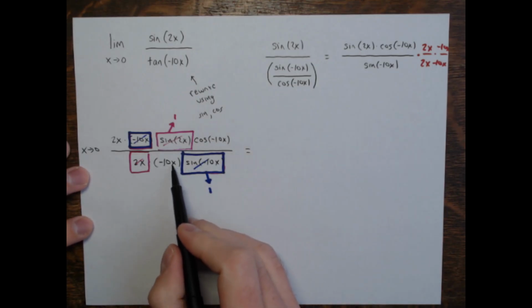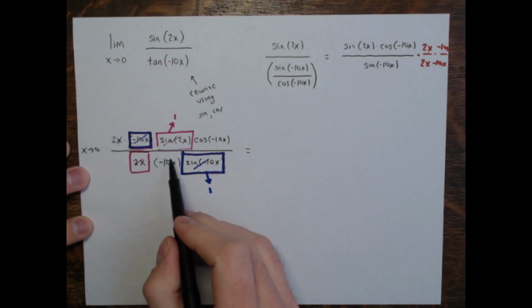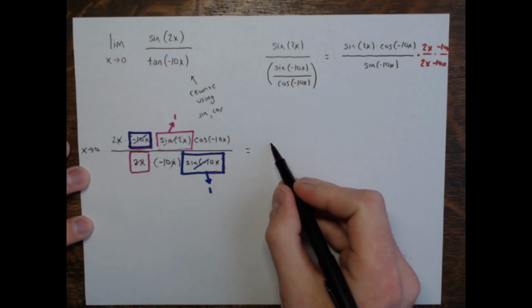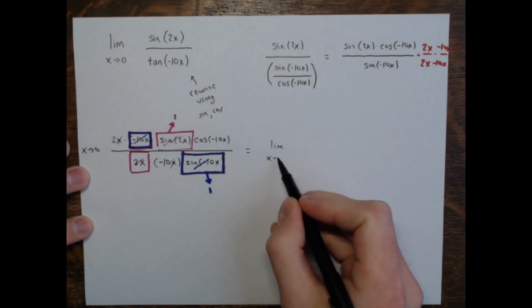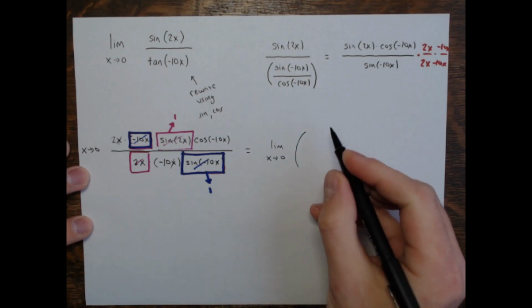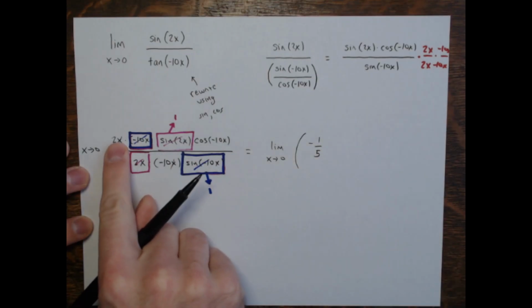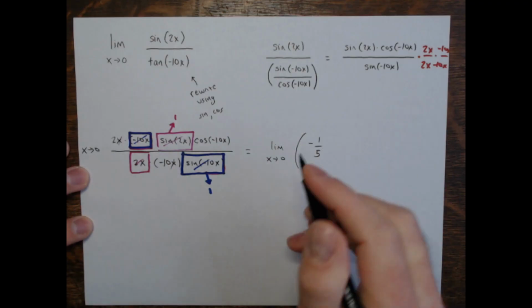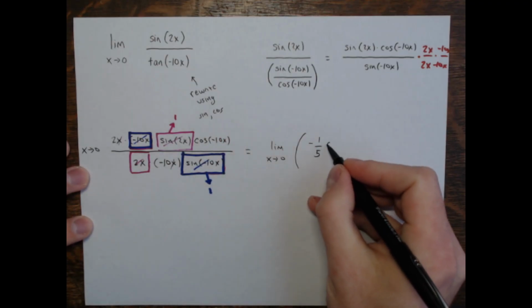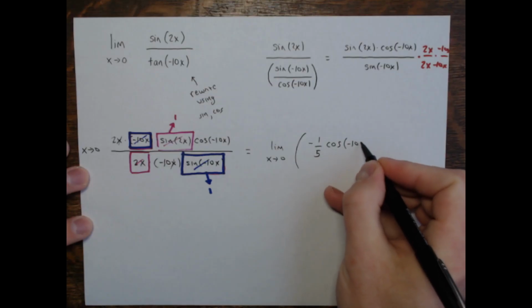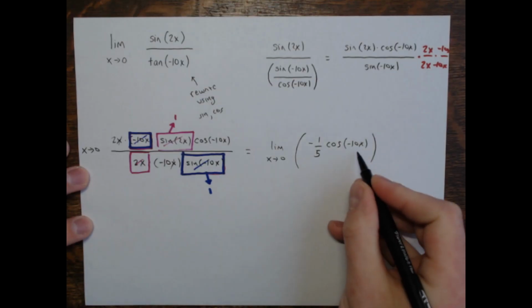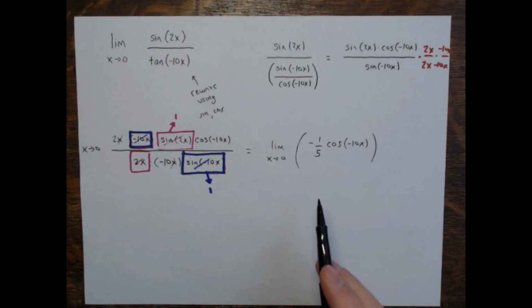will stick around. Now x and x will cancel. So I end up with the limit as x goes to 0 of negative 1/5, right? 2 up here, negative 10 down there, that's negative 1/5 times, and I still have this cosine of negative 10x in the numerator. But that's something I can actually plug 0 into.